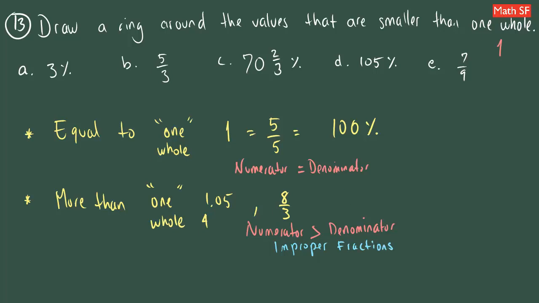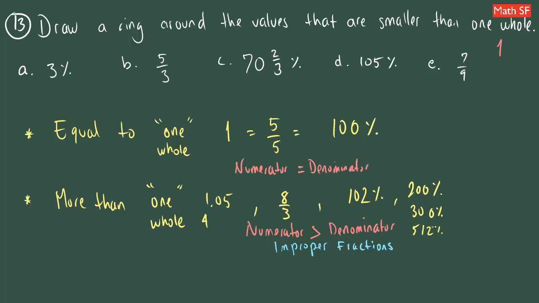So now if we're talking about the percent symbol, something that is more than one whole should be more than 100%, like it could be 102%, or 200%, 300%, 512%.